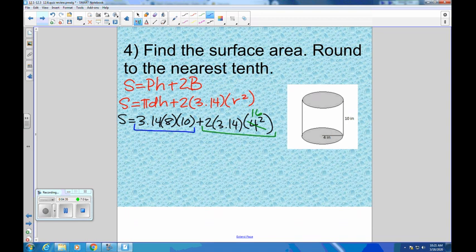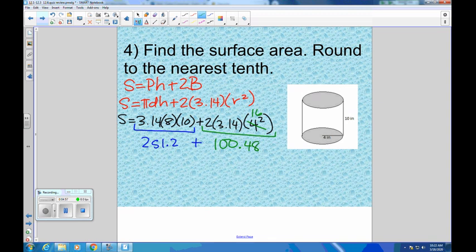So first I'm going to take 3.14 times 8 times 10, and I get 251.2. Then I'm going to take 2 times 3.14 times 16, and I get 100.48.